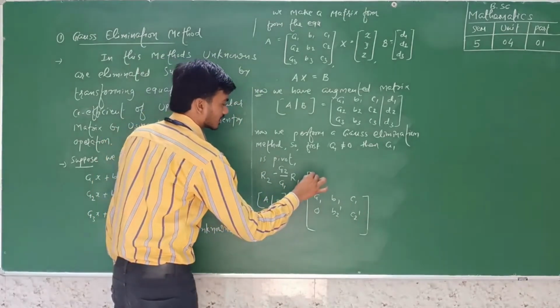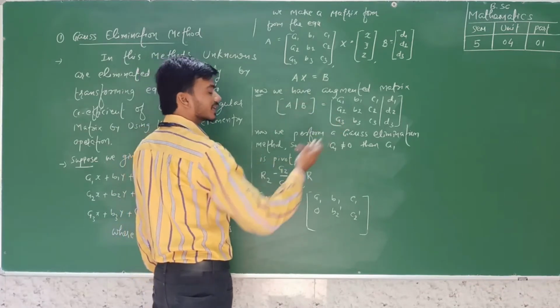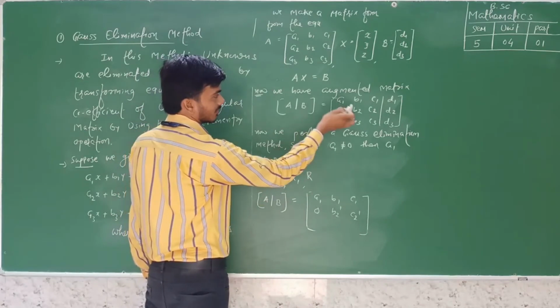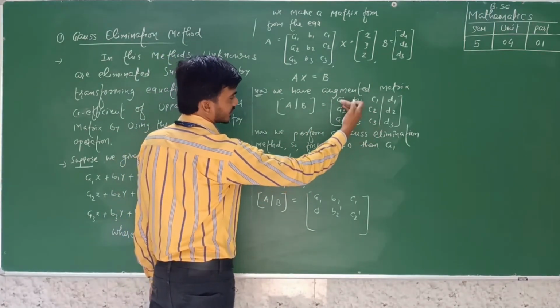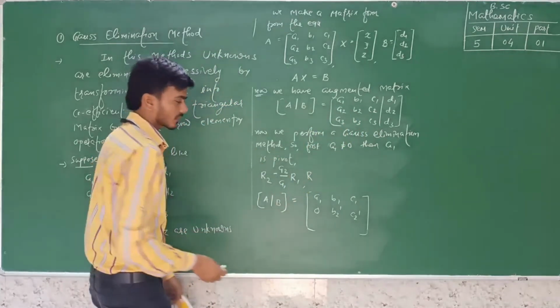Same as this, इसको भी 0 बनाने का है, क्योंकि हमें चाहिए अपर ट्रायंगुलर मैट्रिक्स। So upper triangular matrix, so the elements below these diagonal elements are 0, so these and these make a 0.